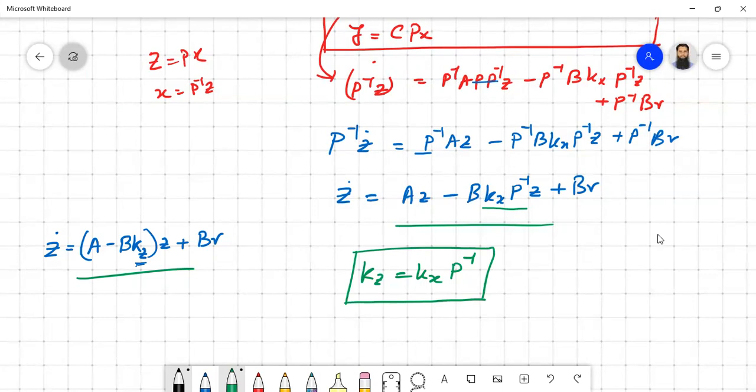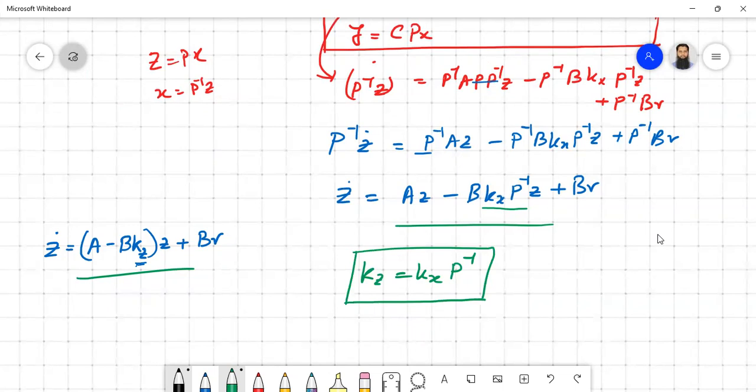Since they represent the same system, their transfer function has to be the same, as well as their corresponding characteristic equation. So this is the relevant formulation required to design a system that has been represented in some form other than the phase variable form.